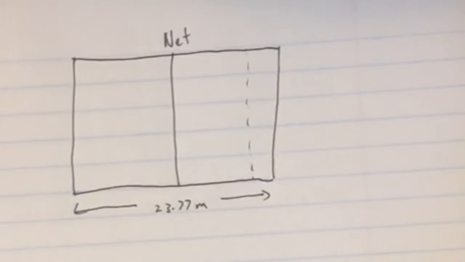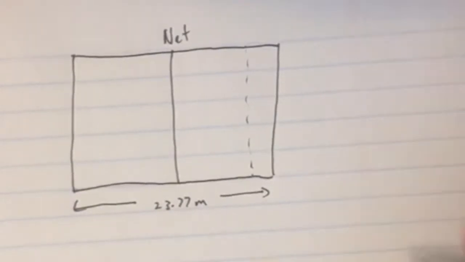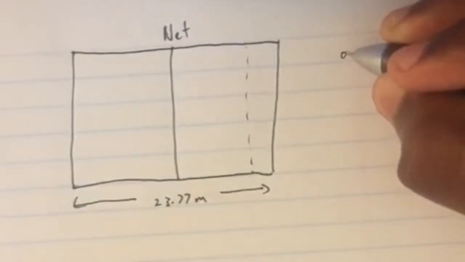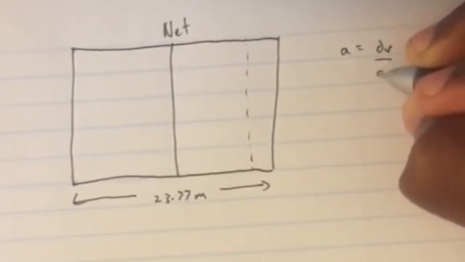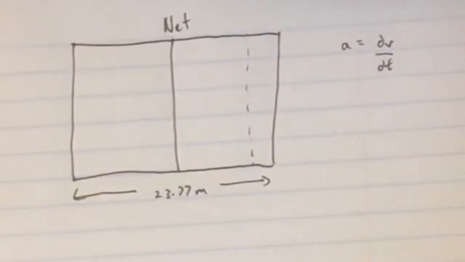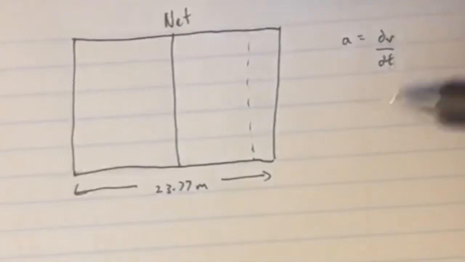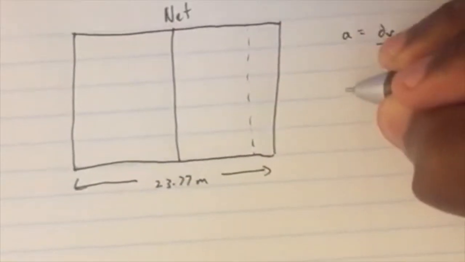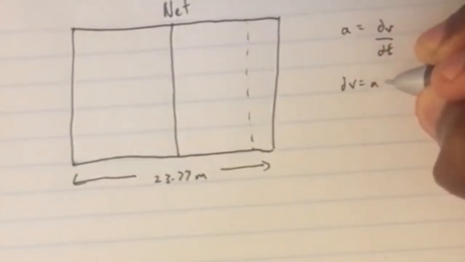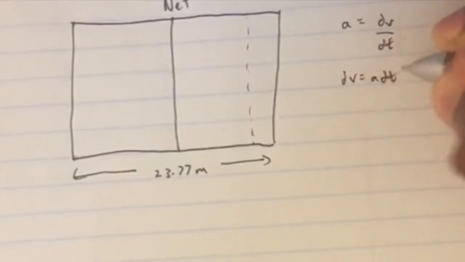To do this, we must have a distance equation, and to find that, we're going to start off with a is equal to dv over dt. Now we're going to find the velocity equation by performing separation of variables. So we get dv is equal to a times dt.